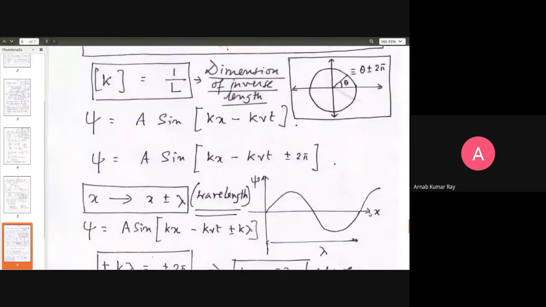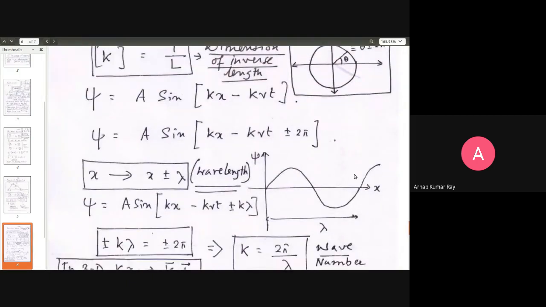Suppose you are on the length axis, then what stands for a full cycle on the length axis? On the length axis, a full cycle is one wavelength. For an infinite sinusoidal wave, being at x or going to x plus 1 wavelength is the same thing. Or you go to x minus 1 wavelength, the same thing.